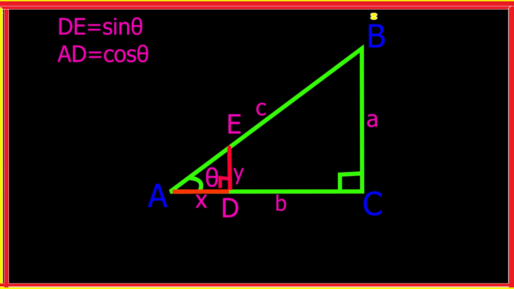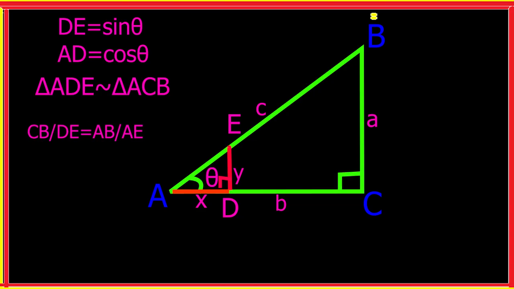So from this we get that triangle ADE and triangle ACB are similar by angle similarity. Okay, we have similar triangles. So we know from similarity the corresponding side ratios are equal. So side CB over side DE is equal to side AB over side AE.